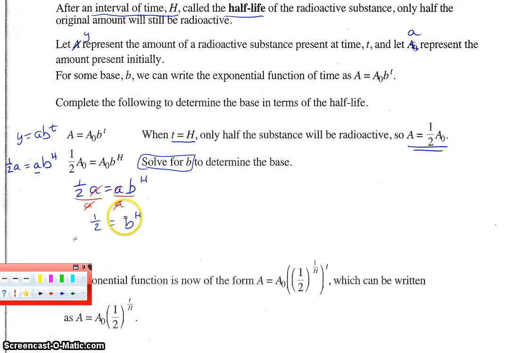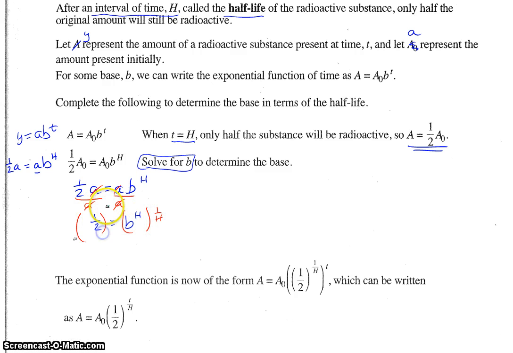So we are going to reciprocal exponent both sides of the equation, and that will eliminate the exponent of h on the right hand side. That was also done in a previous lesson. So now b is equal to 1/2 to the exponent of 1 over h. And no, don't flip both of those if that's what you were thinking.